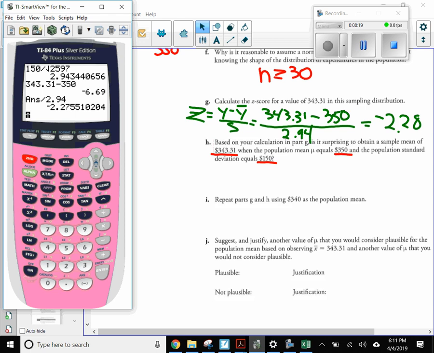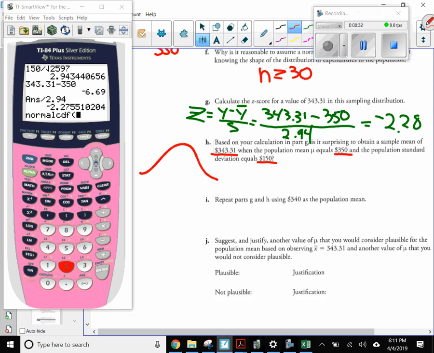I'm just going to go second distribution, normal CDF. Now we're looking for the probability that, here's my mean, here's 343.31, the probability that it'd be that or less.